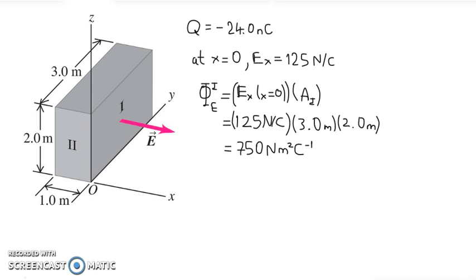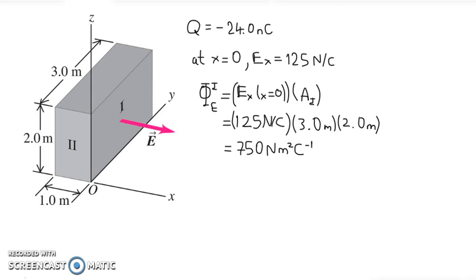Now in part B, we are being asked to calculate the flux through surface 2. If you look at surface 2, it is parallel to the x direction, right? And the electric field is also in the x direction.